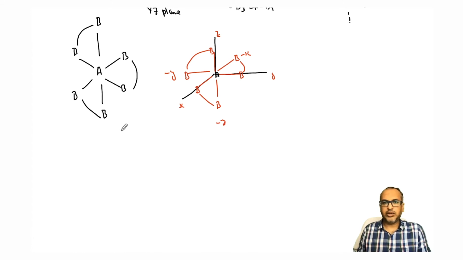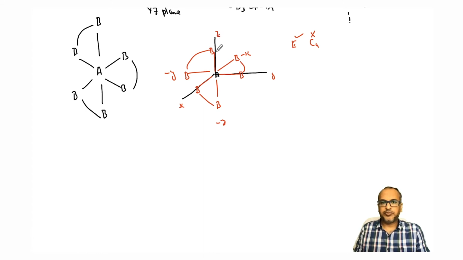So now what are the symmetry elements? Can you identify the symmetry elements here? So if you look at the octahedral case, we had E. So E will still be existing. C4, which was collinear with Z-axis or X-axis or Y-axis, ceases to exist, because if you try to do a C4 rotation, this particular B comes here.